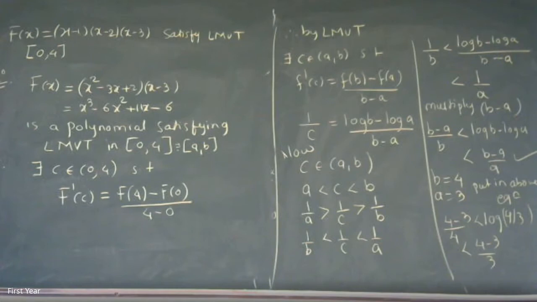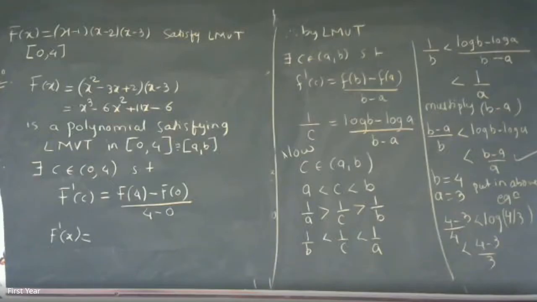Now after this you have to substitute the values. What is f dash of C? First of all, find f dash of x, and then put C in place of x. What will be f dash of x?